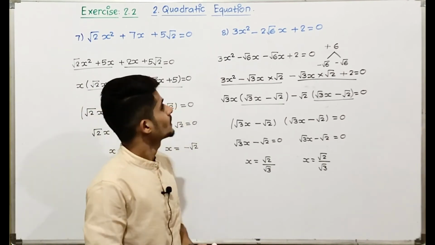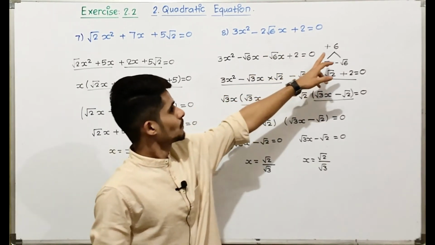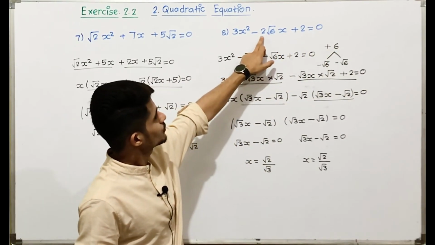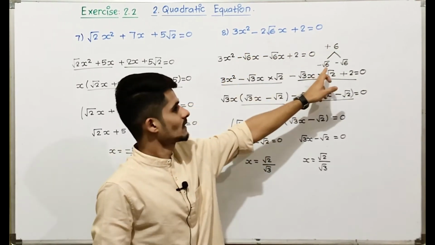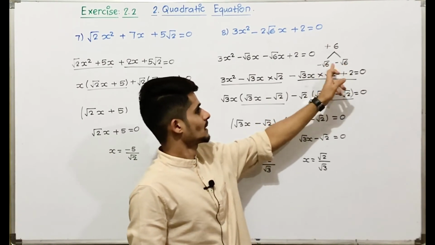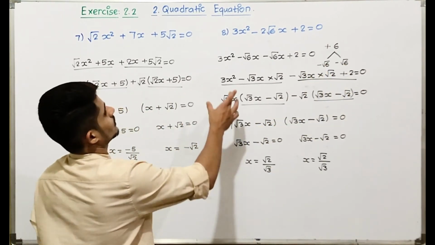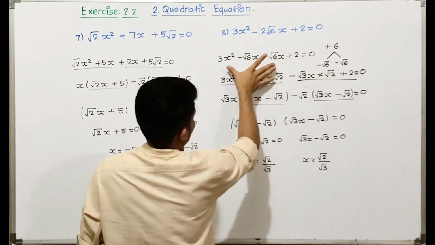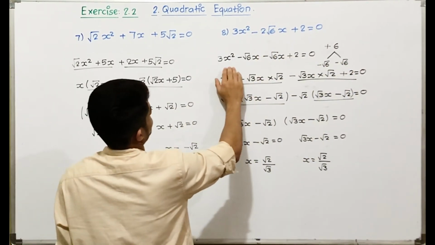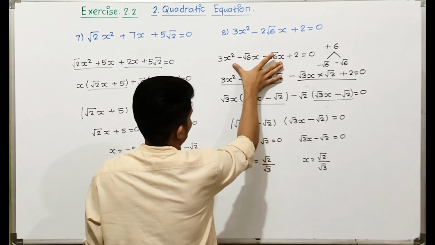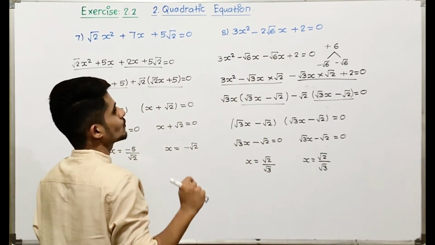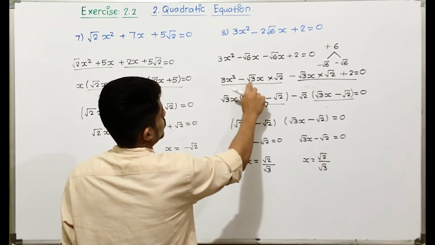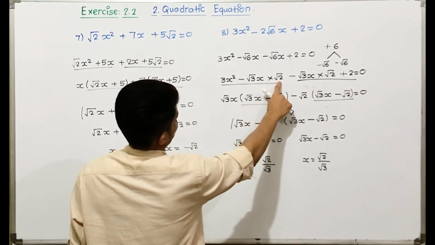So in question number 8, we have to split plus 6 in such a way that the addition should be equal to 2√6. So we have taken √6, minus, minus. We'll replace with these values, and after replacing, this is the equation. Now we have to do one more step, that is split √6, so √3x into √2.